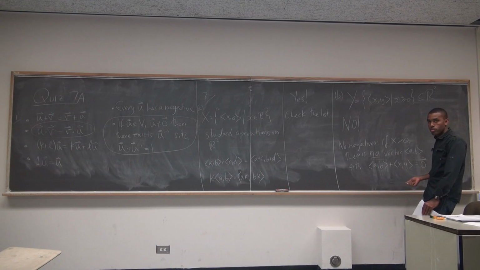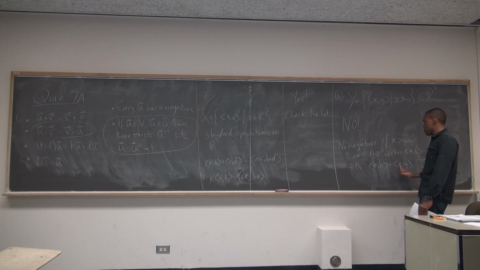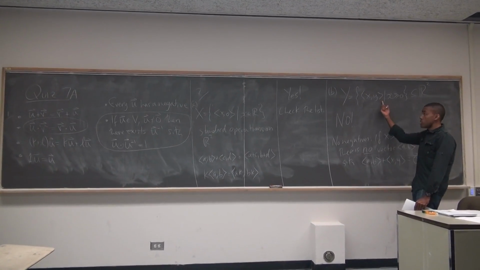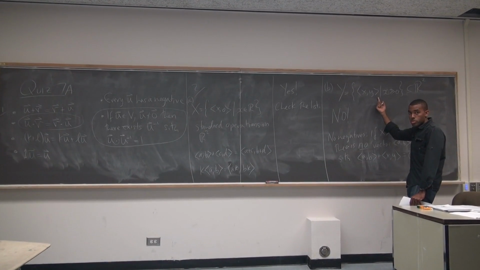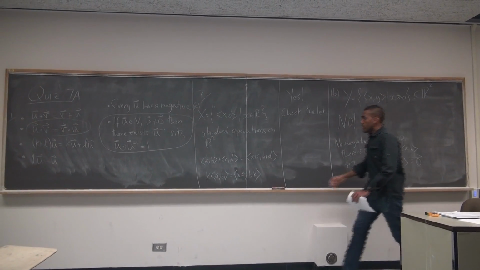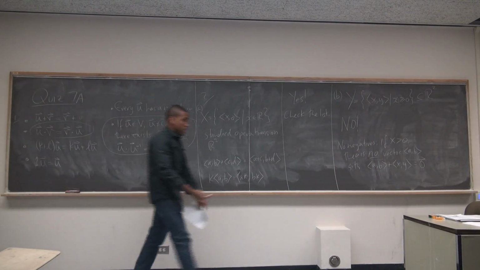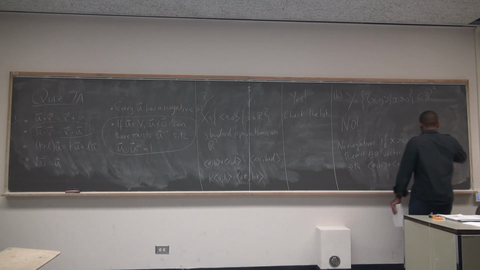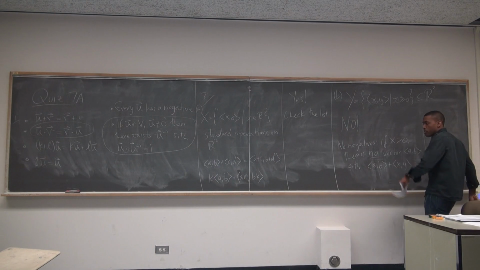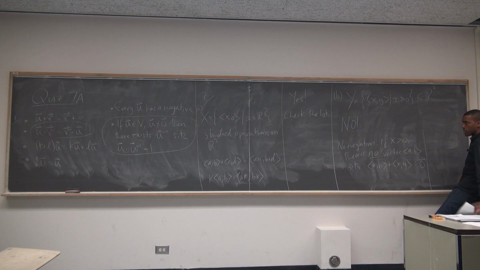It would be impossible, because in order to give me 0, this would need to be the negative of that, which violates this form, so it's not in the space. If you give me any one reason, I'll mark it correct.